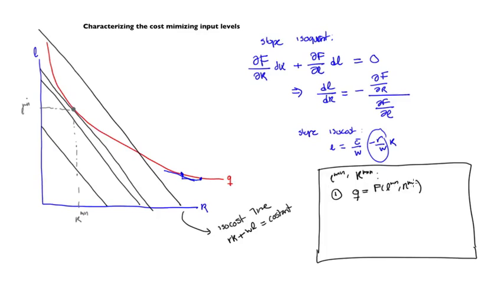Second, and also very important, the two curves are tangent. In other words, the isocost line and the isoquant have to be tangent, so these two slopes have to be the same. So the partial of f with respect to K divided by the partial of f with respect to L, which is the slope of the isoquant, has to equal R divided by W, which is the slope of the isocost line. Okay?